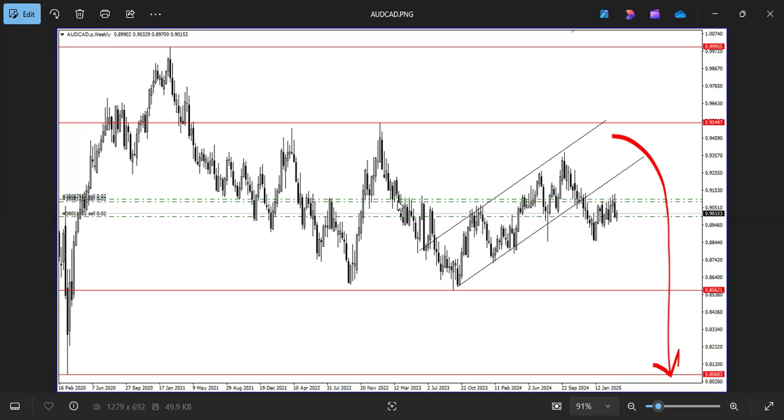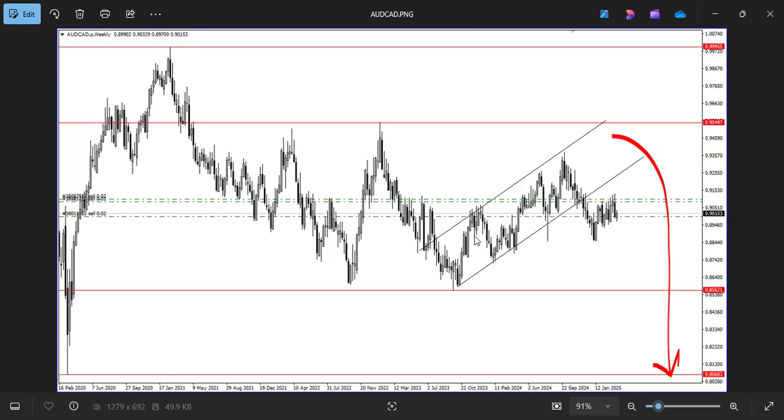Now, what we can see is that price created a ceiling. This is a rejection, this is a rejection, this is a rejection, and we can also call this a rejection since it lies within the same zone as these previous rejections.